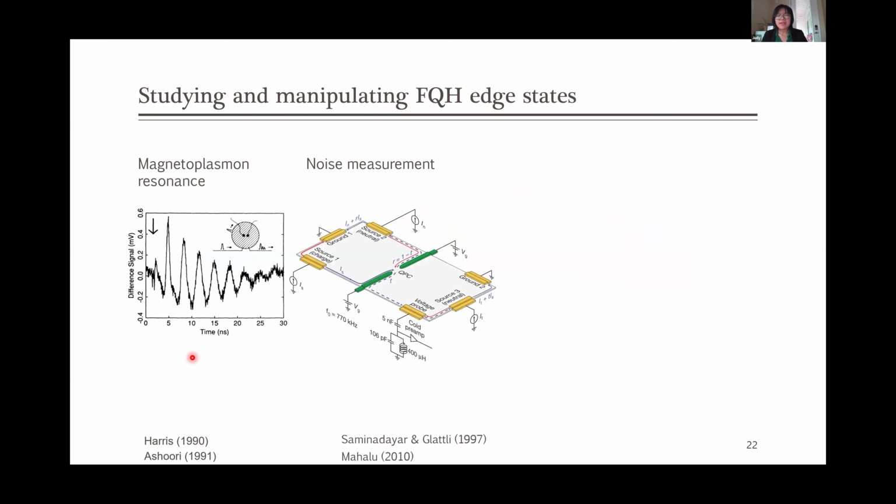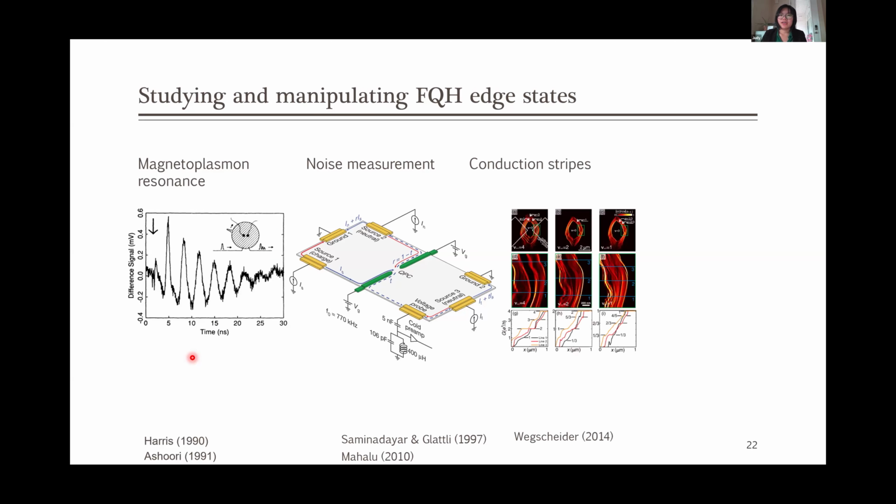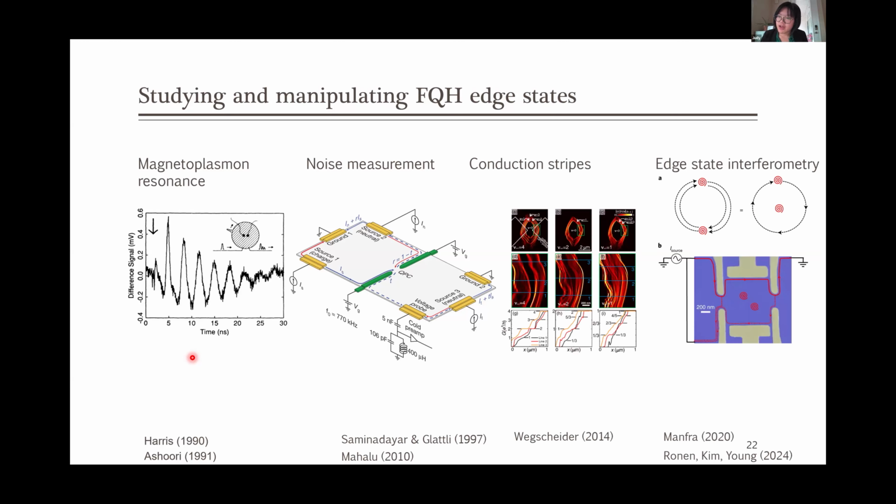There are also noise measurements showing that there are some charge neutral modes at the edge, conduction stripe measurements by gating locally but measuring transport, and edge state interferometry.